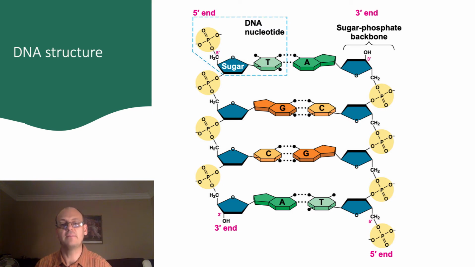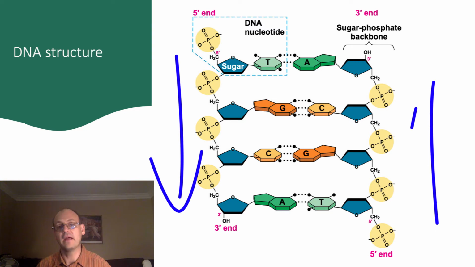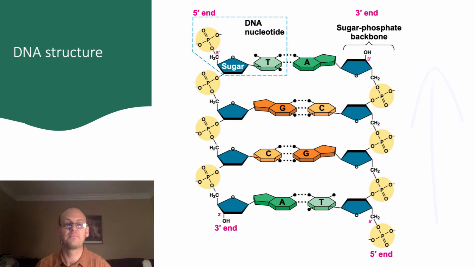Notice that the anti-parallel strands are running in opposite direction, with the 5' at the bottom of the page and the 3' at the top. The nitrogenous bases hydrogen bond with each other such that thymine always bonds with adenine and guanine with cytosine. Again, this pairing of a purine with a pyrimidine ensures that the spacing of the molecule is constant.